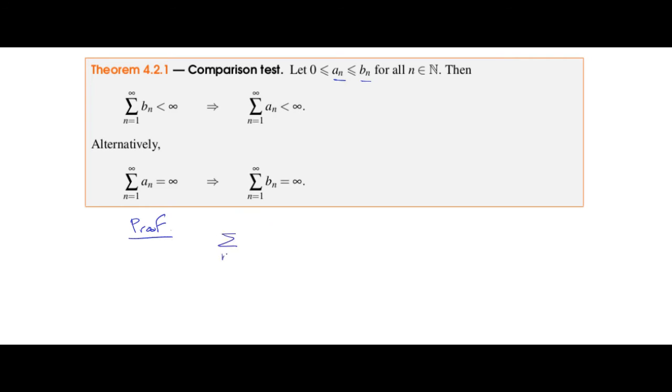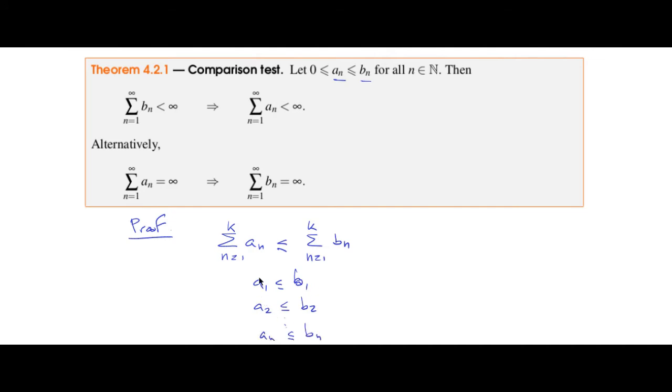The sum from n equals 1 to k of A sub n, well, this is smaller than the sum from n equals 1 to k of B sub n, right? Because every A sub n is smaller than B sub n, right? So if you have A sub 1 is smaller or equal than B sub 1, and A sub 2 is smaller or equal than B sub 2, and so on and so forth up until A sub k and B sub k, sorry.